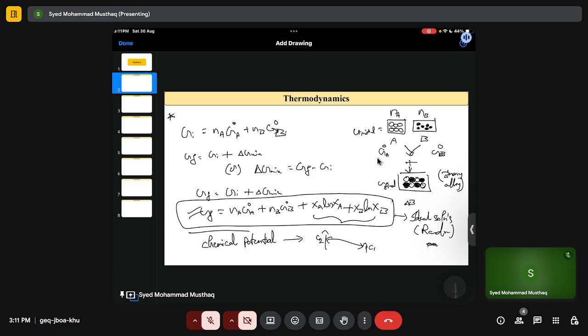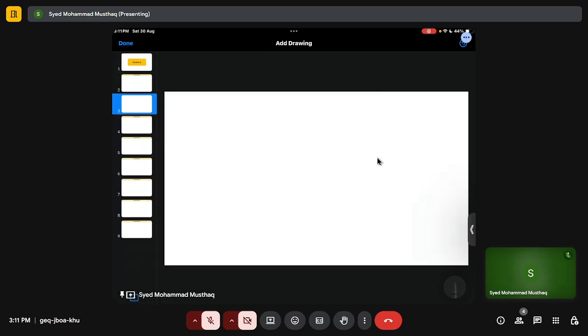So everywhere in nature we see this, but in metallurgy you will sometimes find this case also. You have C1, which is a lower concentration, and C2, which is higher concentration, and the atoms will move from here to here.